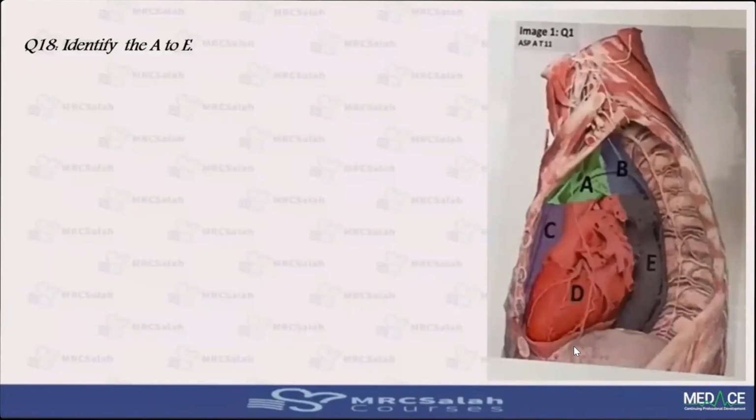I like it. Very intelligent answer. Continue, please. C would be the anterior mediastinum, D would be the middle mediastinum, and E would be the posterior mediastinum. Yes. So the middle mediastinum, we can call it the pericardium as well.